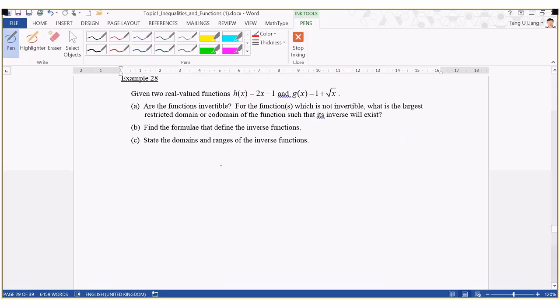I know that the domain is R because for 2x minus 1, you can input any number you like. And I know that the codomain is R because it is a real valued function. So the codomain must be R. Okay, so part A, they ask you, is this h invertible?